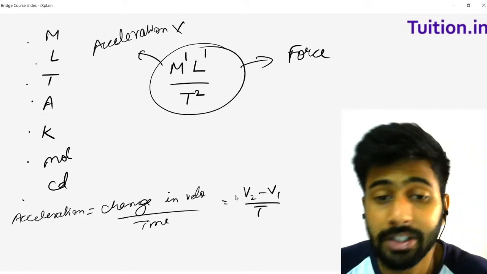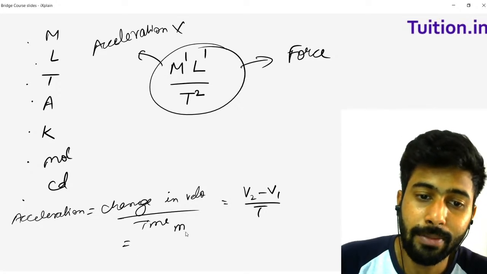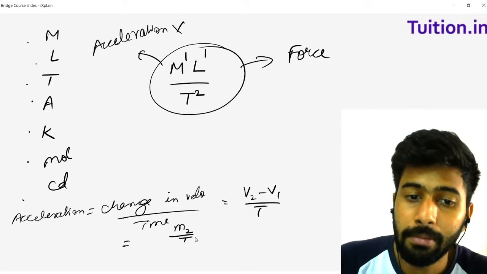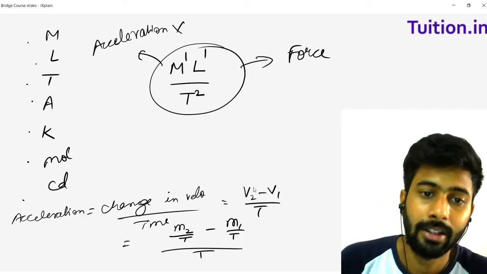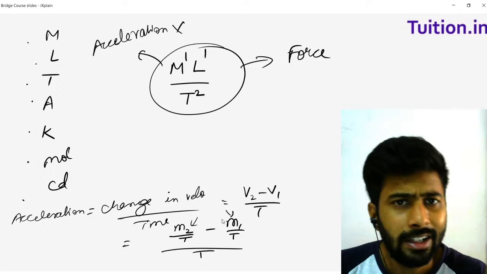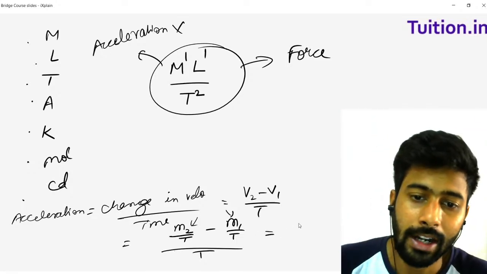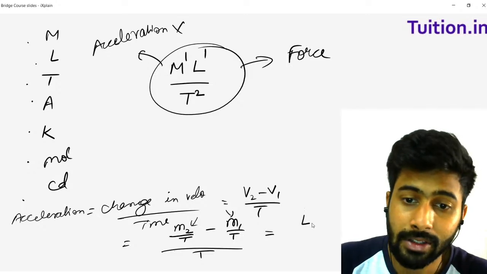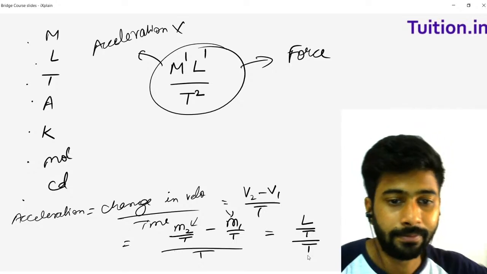Final velocity is final displacement by time, this is initial displacement by time, and 1 by time is already there, correct? Now when you subtract these two, final displacement minus initial displacement is going to be displacement only. So ultimately you are going to have meters only. So this is going to be length by time only, right? And that divided by time, right?